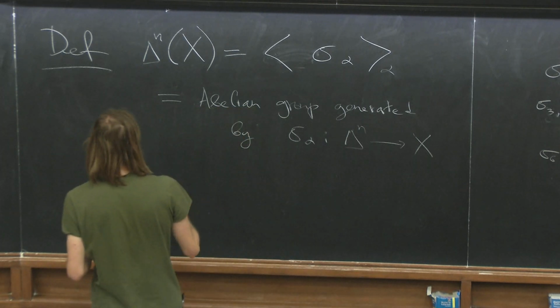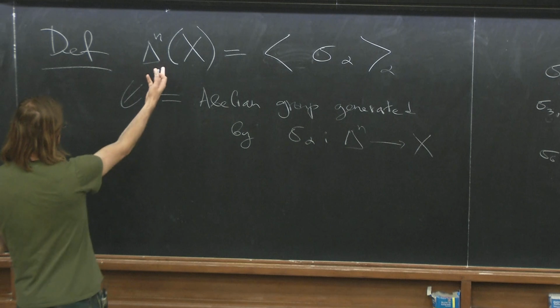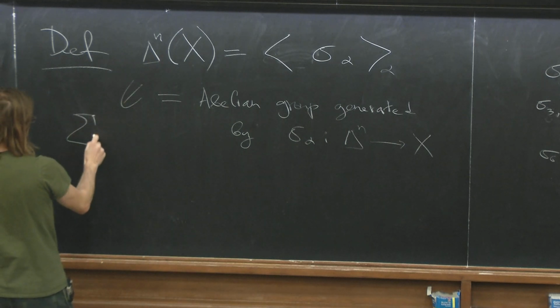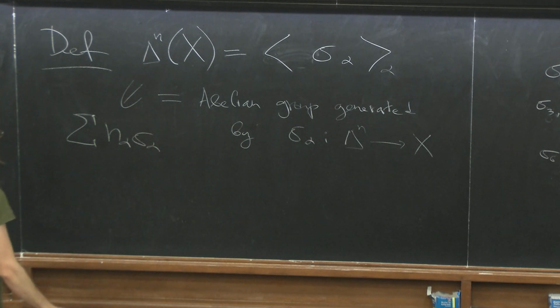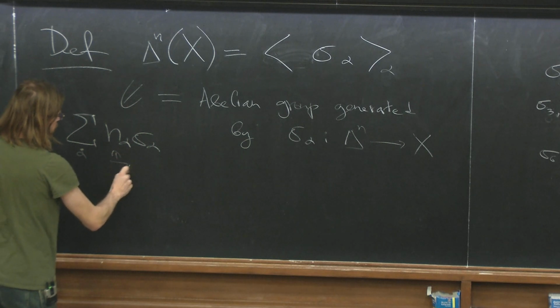This means that an arbitrary element here can be considered as a formal linear combination, sum of n alpha sigma alpha, with the coefficients being integers.